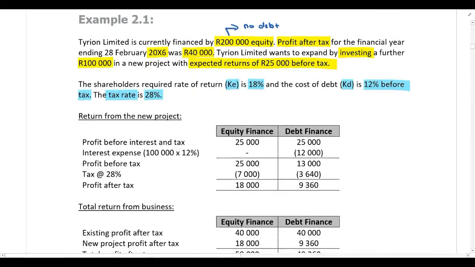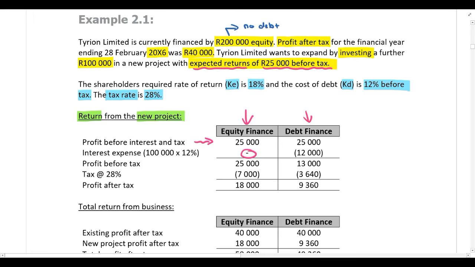So what we're going to do first is let's calculate the return that the company will make from this new project. So the new project has expected returns of 25,000 Rand before tax. So your profit before interest and tax is 25,000 Rand. Then, if the project is financed using equity finance, you obviously won't have any interest expense, so there's no interest expense over there.